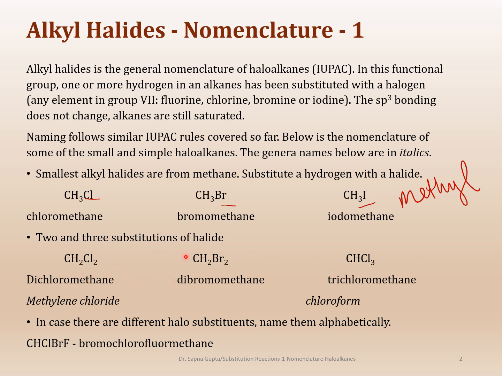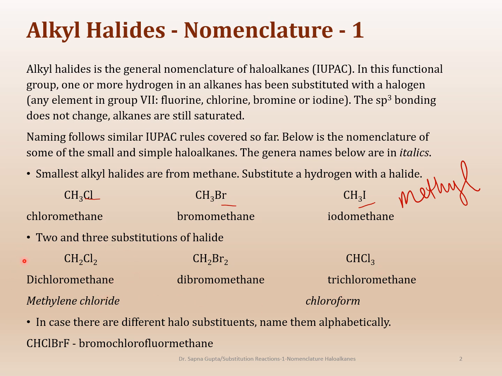Two of these compounds have general names. So the first one, which is dichloromethane, is also called methylene chloride. And the last one here, which is the trichloromethane, is called chloroform. Now, if you had three bromines, it would be called bromoform. If you had three iodine, it'd be called iodoform. All right, so pretty standardized even for general nomenclature.